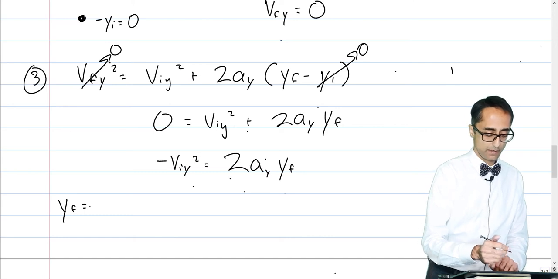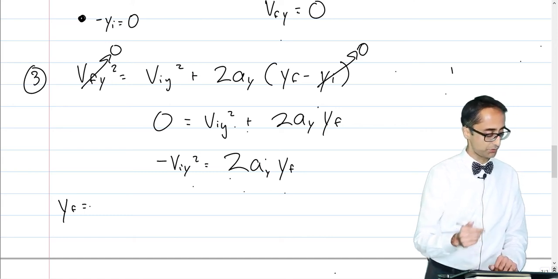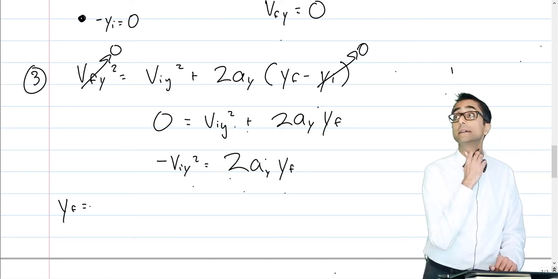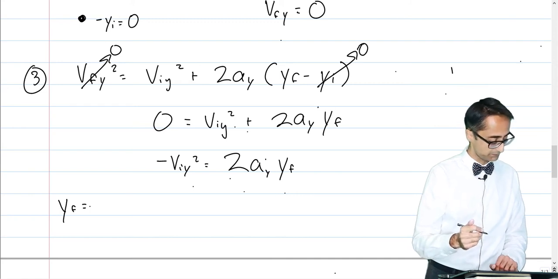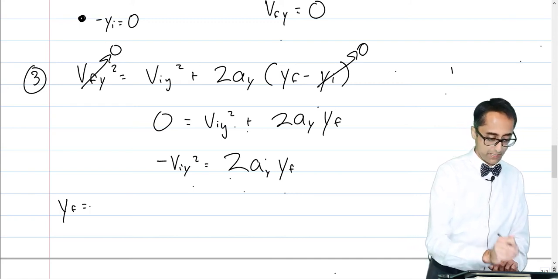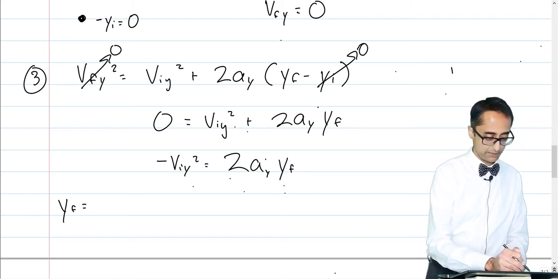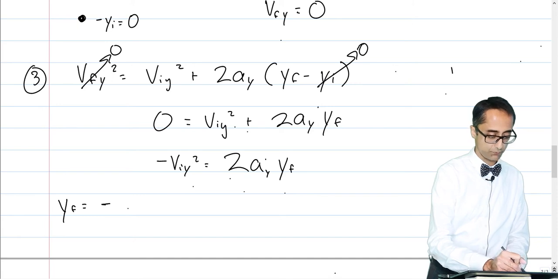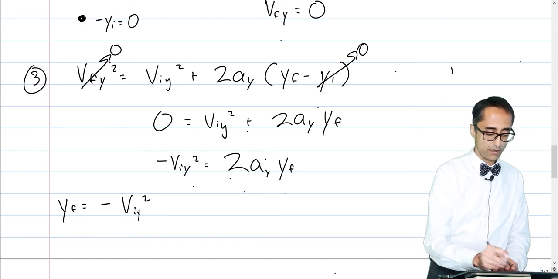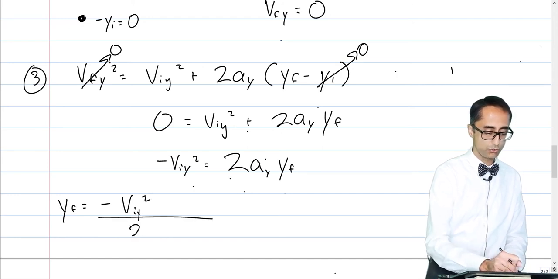It's totally a good move to do. You can think of it as multiplying or dividing by itself, but basically what we're doing is we're just moving one to the other side and the other to the other side, and we are left with y final equals negative v initial y squared, all divided by 2a.